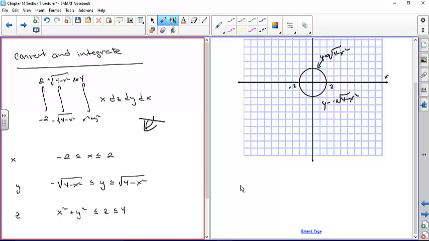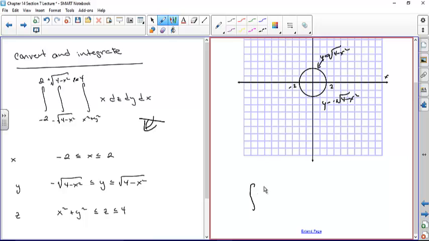So let's go ahead and just start filling in the blanks here. So we go from theta equals 0 to theta equals 2 pi. We go from r equals 0 to r equals 2. The upper limit is z equals 4, and the lower limit is x squared plus y squared, which is r squared.